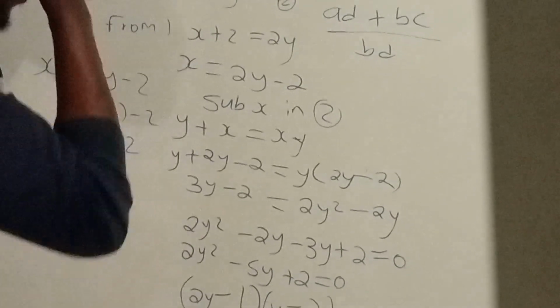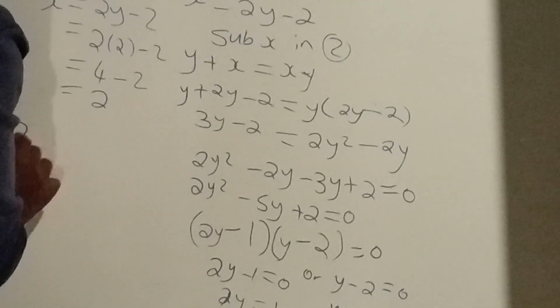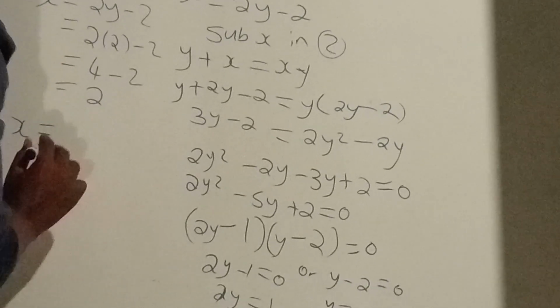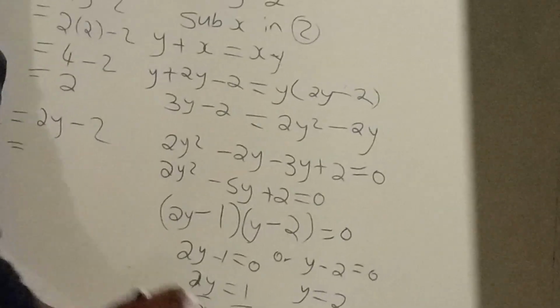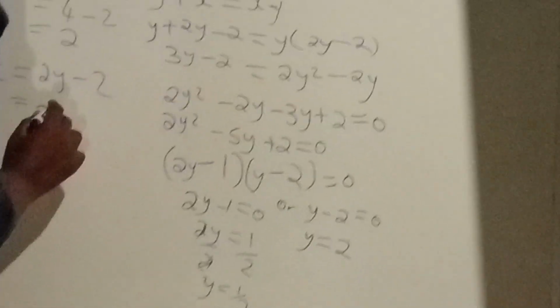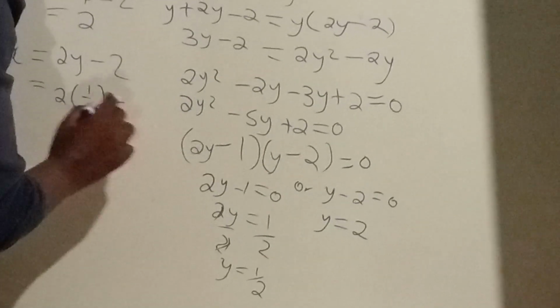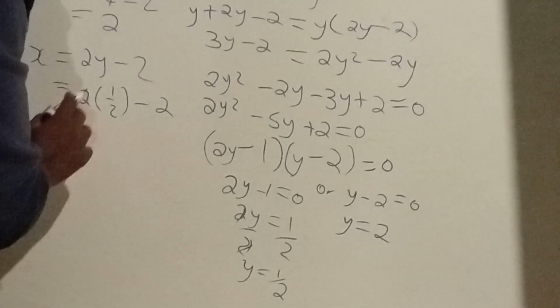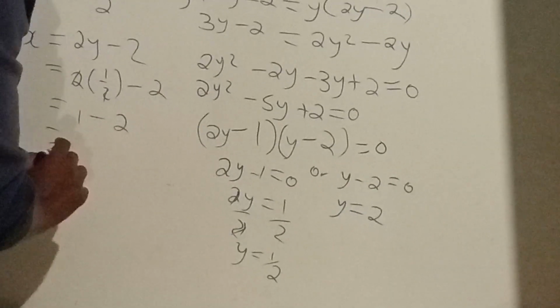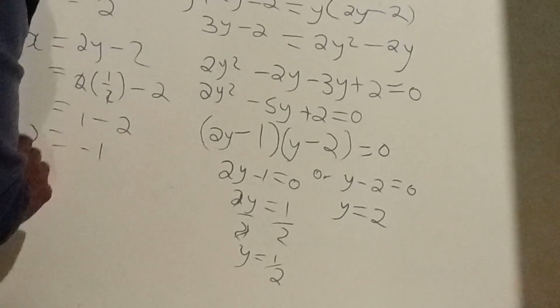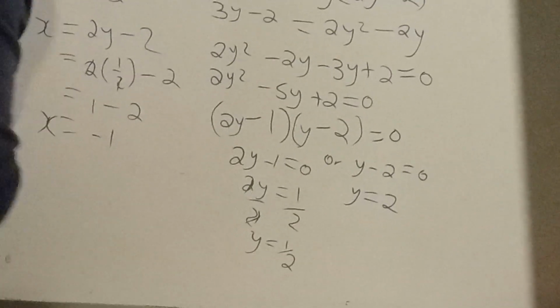I've got another one which says x = 2y - 2, where the y I got is a half. So I'm going to put a half inside the bracket, minus 2. These two take each other out. I'm left with 1 - 2, which means the answer is -1 for the value of x.